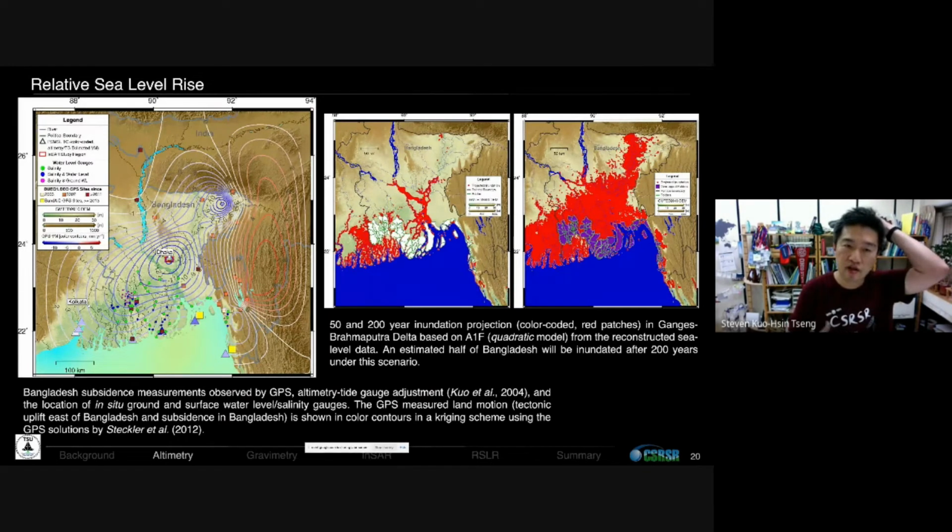However, we know that we need to keep monitoring everything, then we know some nonlinear rate of the motion, either land or sea level rise. So basically, if we combine the sea level and the land motion altogether, a very scary simulation could happen.